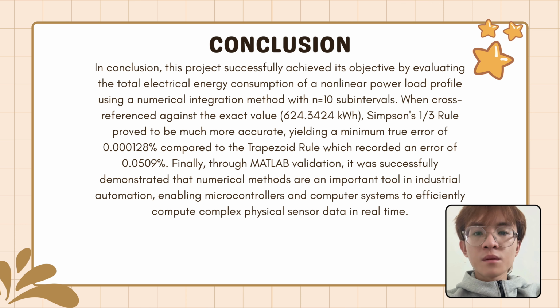Finally, through MATLAB validation, it was successfully demonstrated that numerical methods are an important tool in industrial automation, enabling microcontrollers and computer systems to efficiently compute complex physical sensor data in real time.